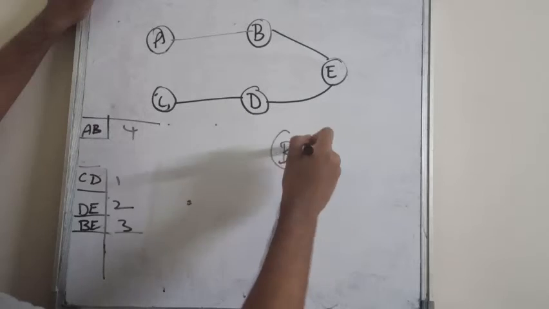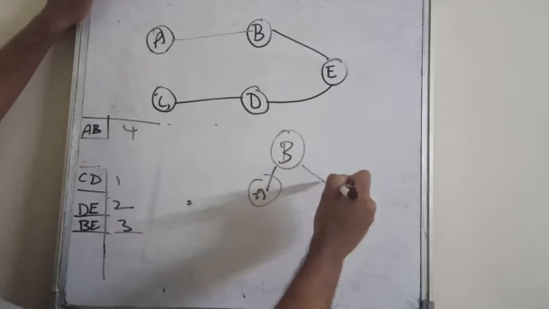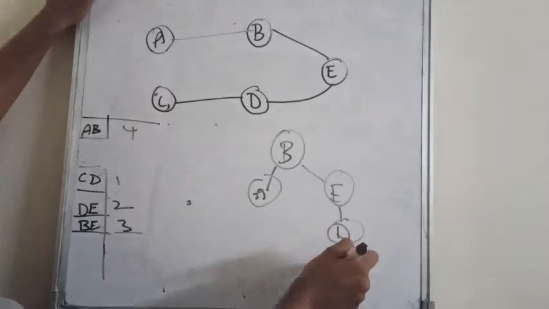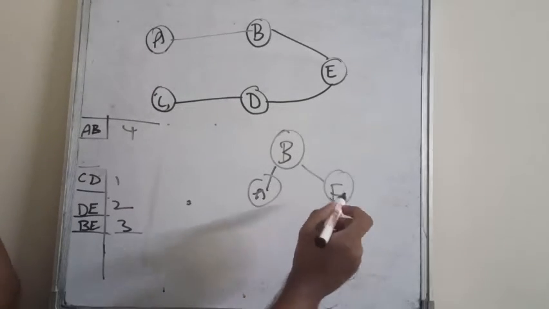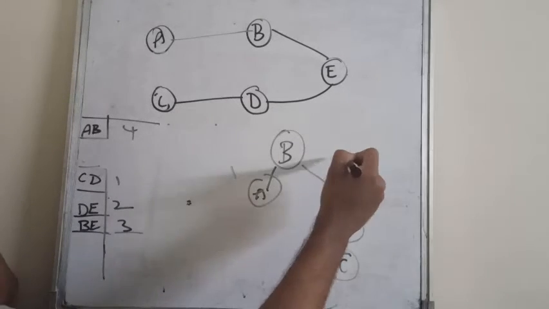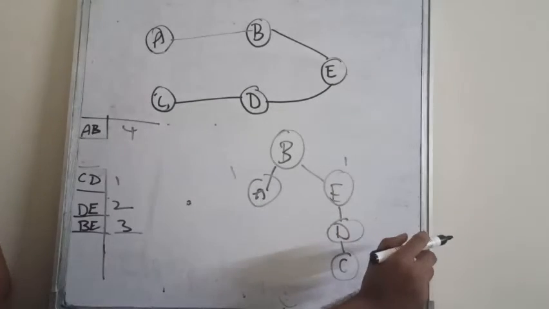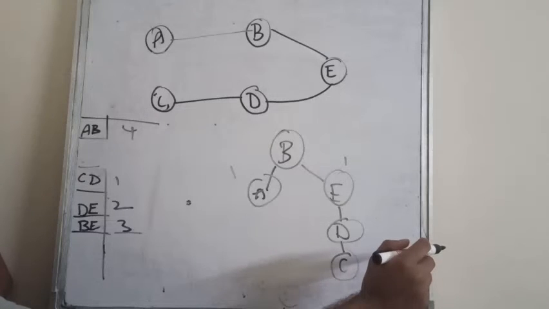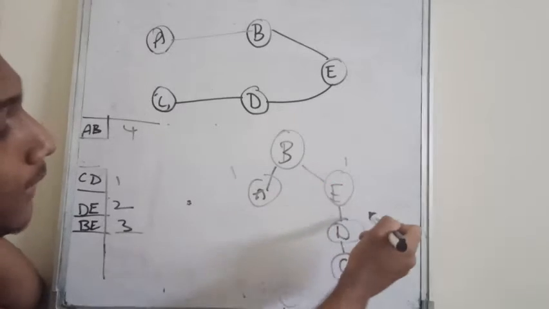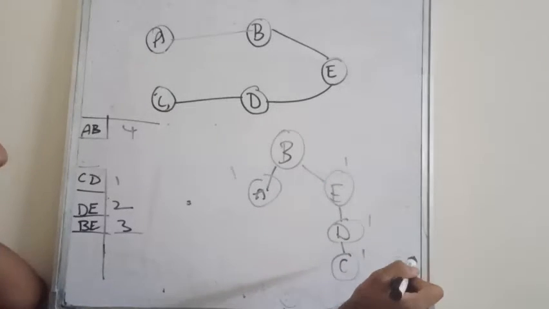For B it will be A on one side, E on one side, E is directly connected to D, D is directly connected to C. So 1, 1. 1 and 1.